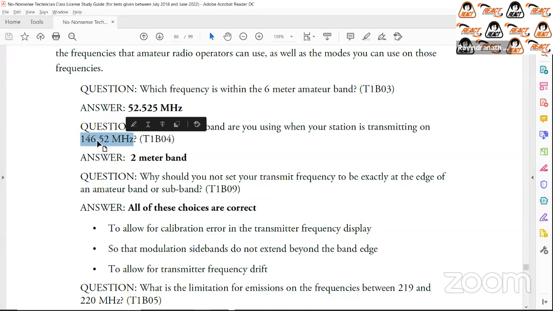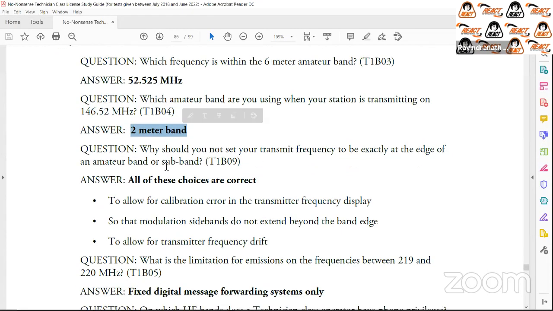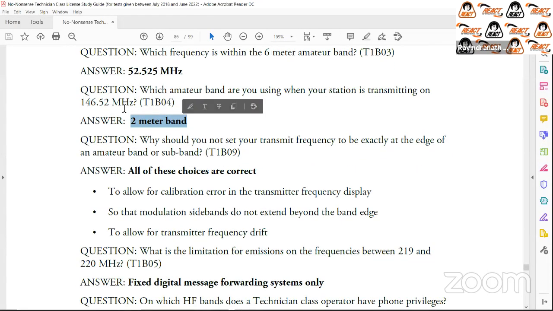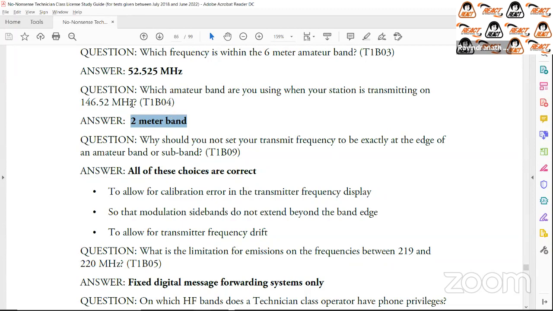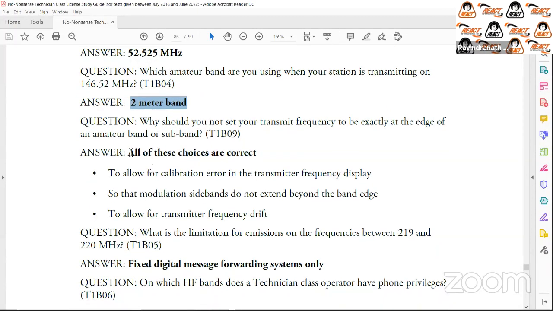So therefore, this is 146 point something megahertz, which is between 144 and 148. And if 144 to 148 is the 2 meter band, the answer then becomes 2 meter band. So that's why knowing what frequency ranges the 2 meter band and the 6 meter band and so on cover comes in. Once you know that range, nobody could trip you up with any question.